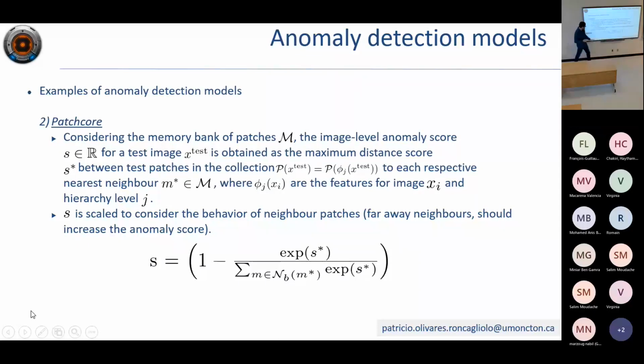It is also rescaled, because you want not only to calculate this distance, but also to check the distance between those new patches compared with the distance for other patches. For example, if you are very close to a patch from your memory bank, but that patch is itself very far away from the other patches in the memory bank, that will still be considered an anomaly.